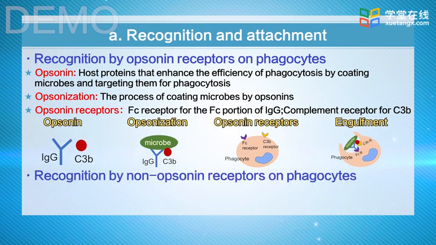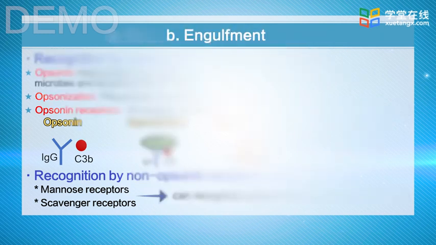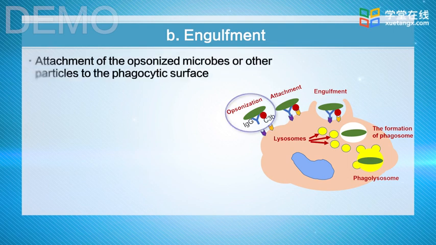Non-opsonin receptors, such as mannose receptors and scavenger receptors, can recognize and bind components of microbial cell walls. The second step is engulfment of particles. Look at this picture. An opsonized microbe is attached to the phagocyte surface by binding to the corresponding opsonin receptors.